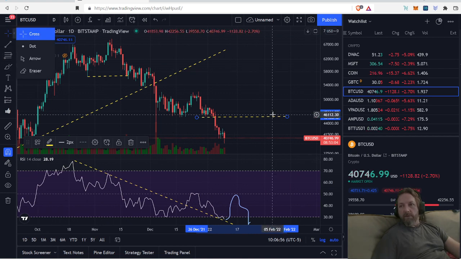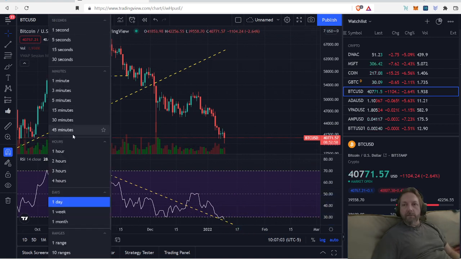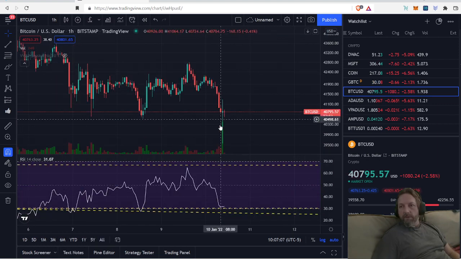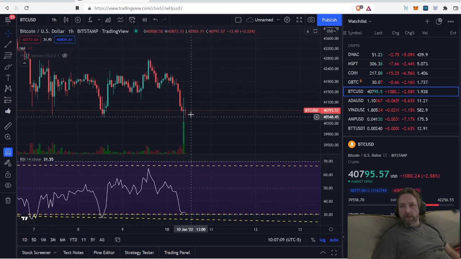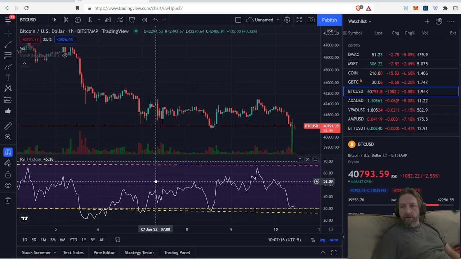I want to watch them on an even lower time frame than this, and see where all of our indicators are at. Hourly, we have a sign of indecision. We had a breakthrough in the relative strength. Came back here.